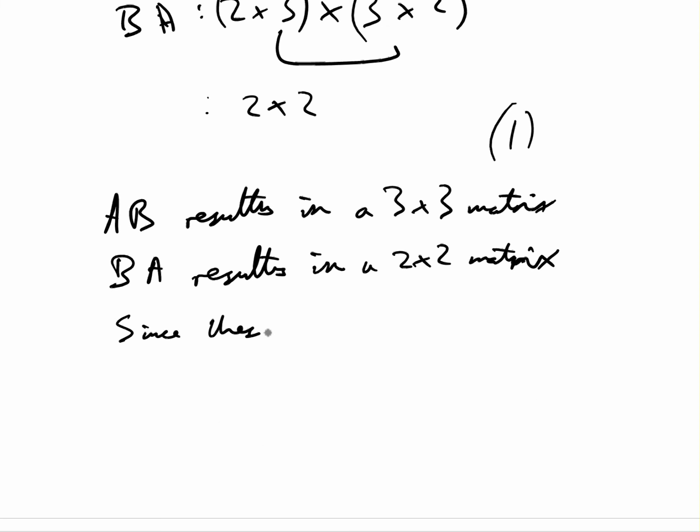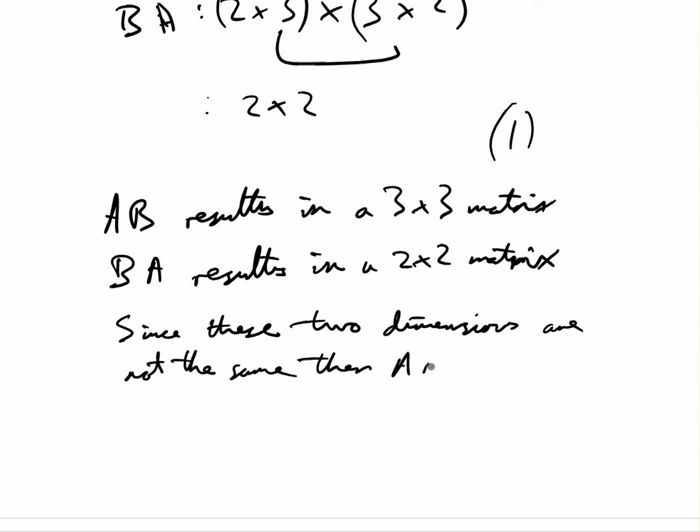Since these two dimensions are not the same, then AB is not the same as BA. No matrix multiplication computed there. We haven't computed BA. We've just, purely looking at the dimensions, got a nice, easy 1 mark.